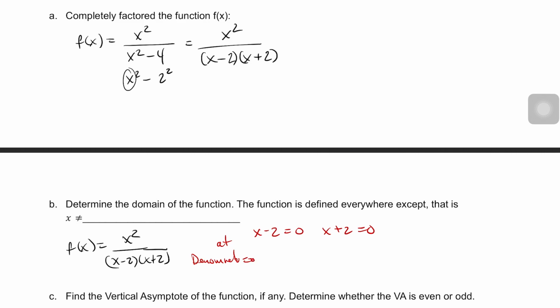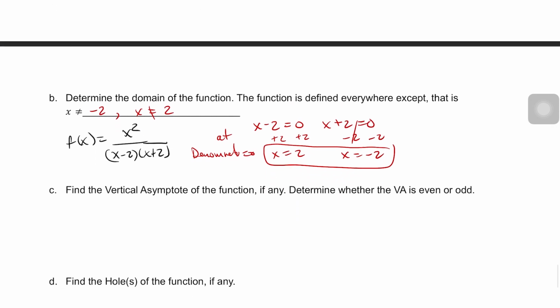And solve for x. So this will happen by adding 2, x equals 2, subtract 2, x equals negative 2. So the function cannot be defined at 2 and negative 2, because that will give us an undefined value. So those are the numbers that we're going to exclude. So x cannot equal negative 2 and x cannot equal positive 2.